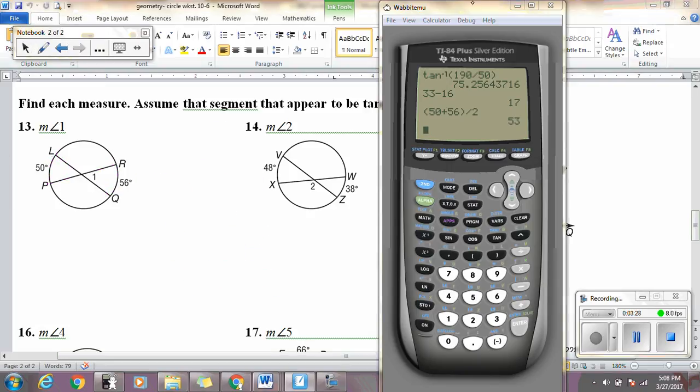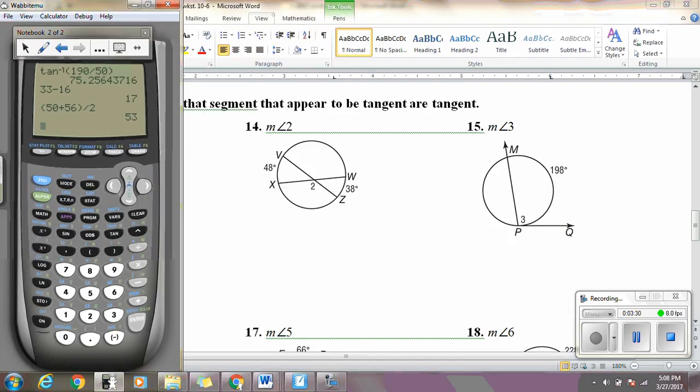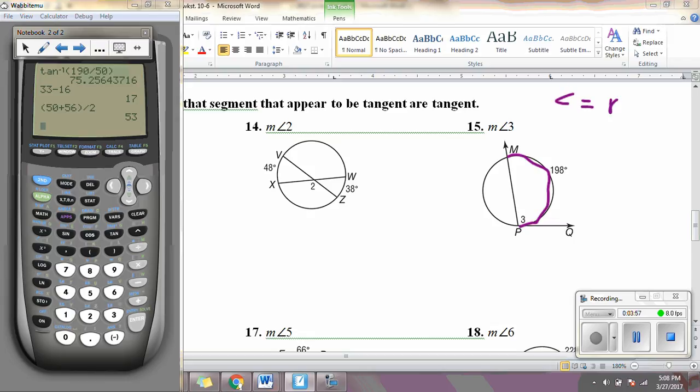All right, number 13 is next. On number 13, we're looking for the measure of angle 3. Angle 3 is on the circle, and the arc that it is related to is arc MP. And as we can see, MP is 198 degrees. So when the angle is on the circle, the formula for on is angle is equal to arc divided by 2.